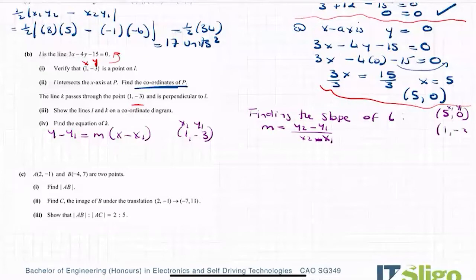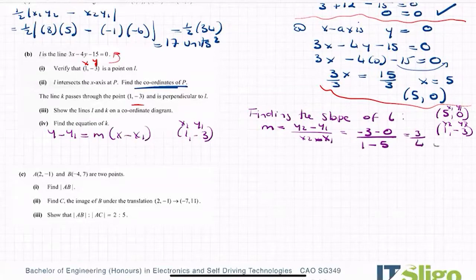So the slope is y2 minus y1 over x2 minus x1. If I put that into my calculator, I get -3 on the top and -4 on the bottom, so 3/4.